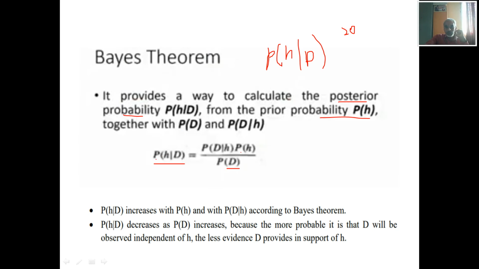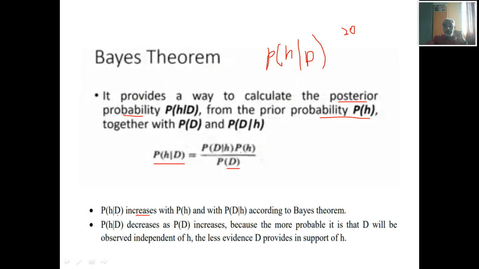Now if you look into this equation and have understood the individual terms, what is posterior probability, what is the probability of a given data set given the hypothesis, and probability of the data set, we can try to draw some conclusions here. The posterior probability, that is the LHS, increases when this term increases. This is normal mathematics, right?